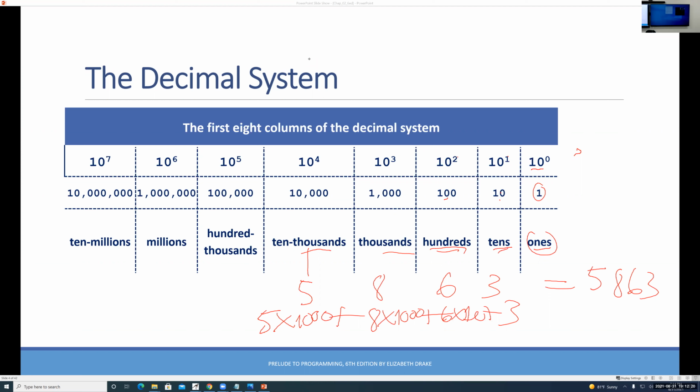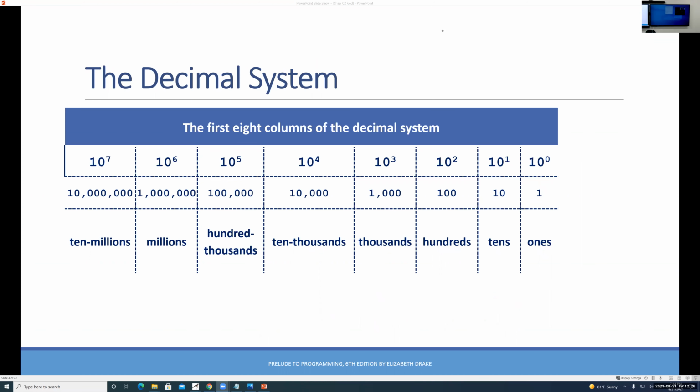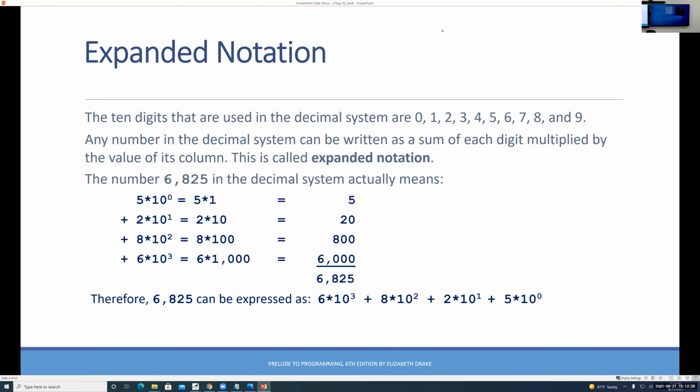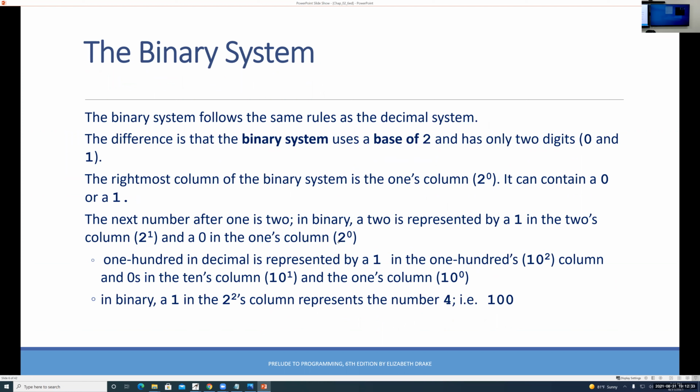And this value here, they are column values. The same works exactly the same with the binary. The only difference is that in the binary, it's by 2, not by 10.